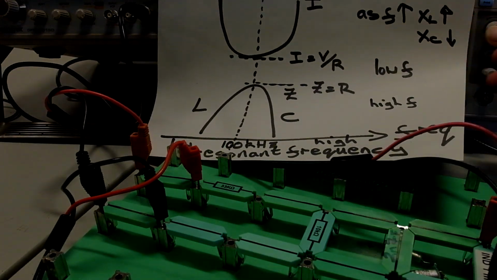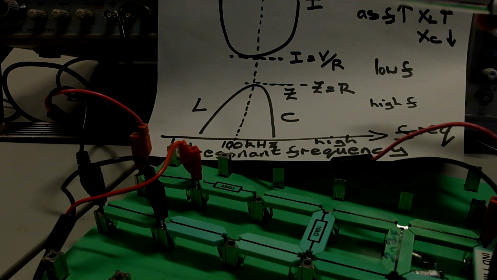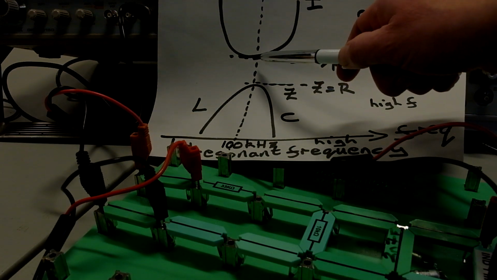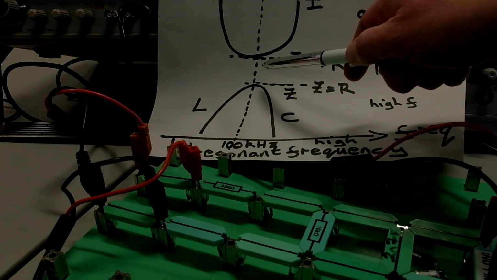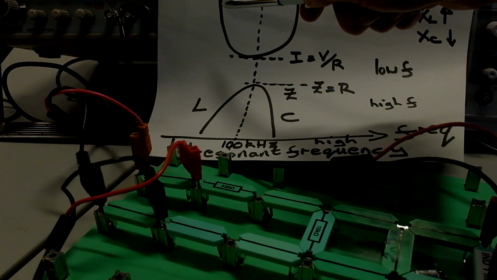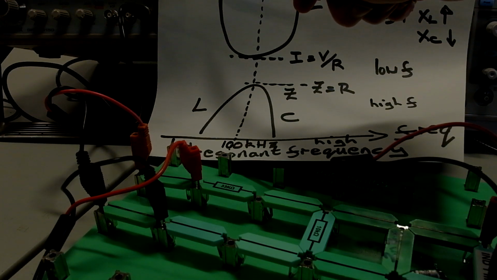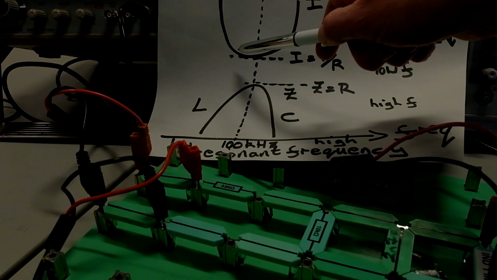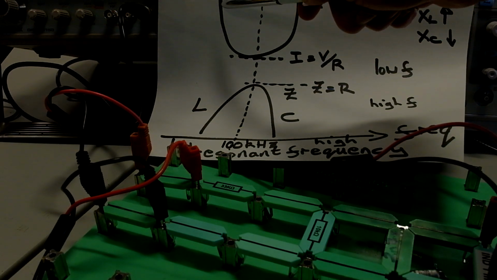So what is happening here? If we look at current in the parallel network, the current reaches a minimum at 100 kilohertz, and then at lower frequencies the inductor tends towards a short circuit and the capacitor tends towards an open circuit, so the current increases.